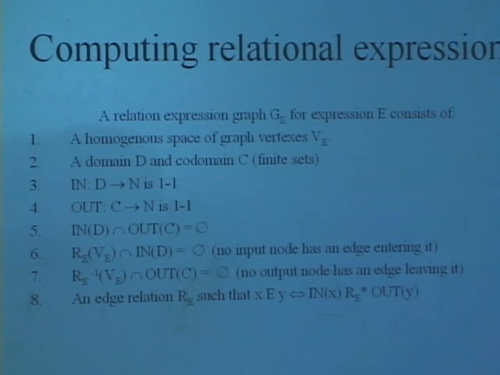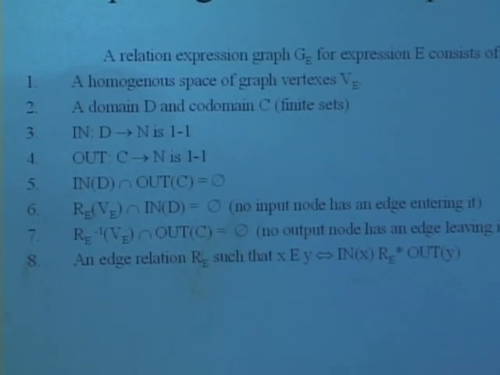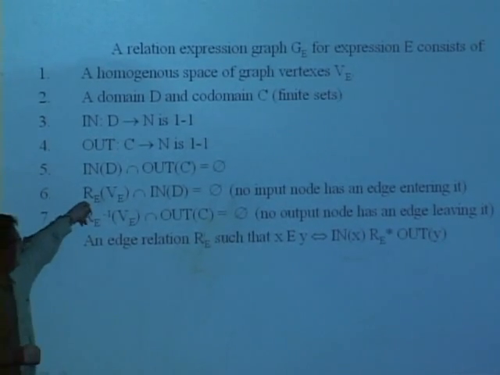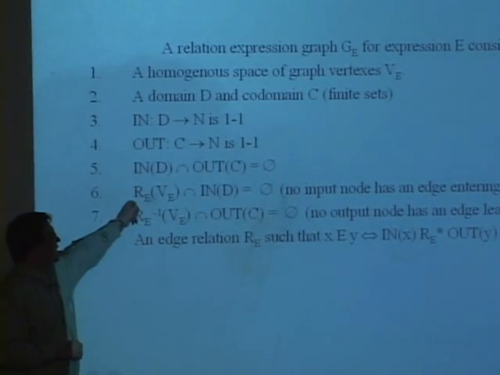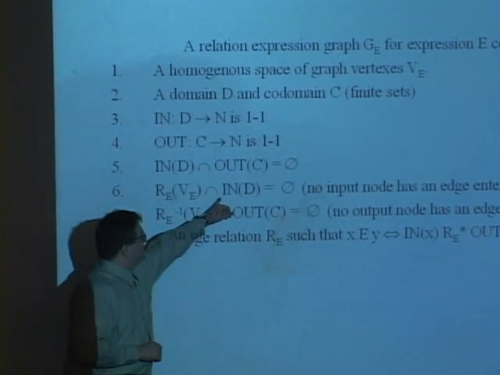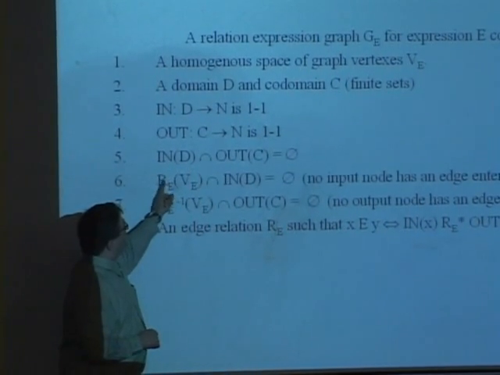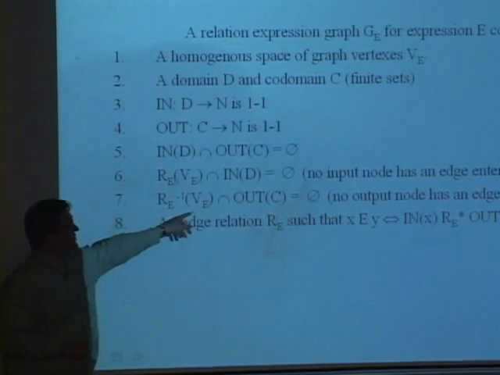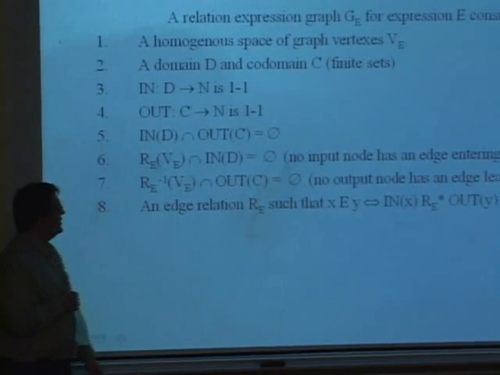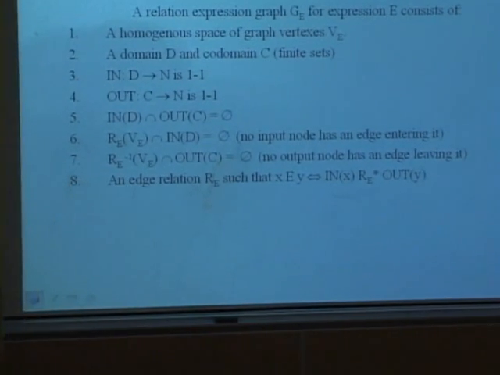And the RE of VE, that is, RE is the edge relation. So if you apply the edges to some set of inputs, or I'm sorry, the destinations of all edges do not intersect with the input nodes, right? So no input has an edge entering it, and no output node has an edge leaving it.